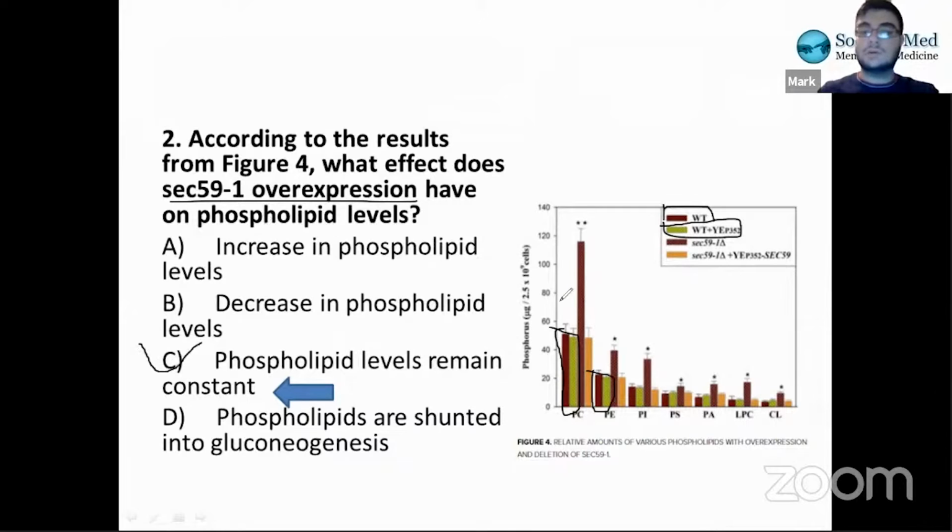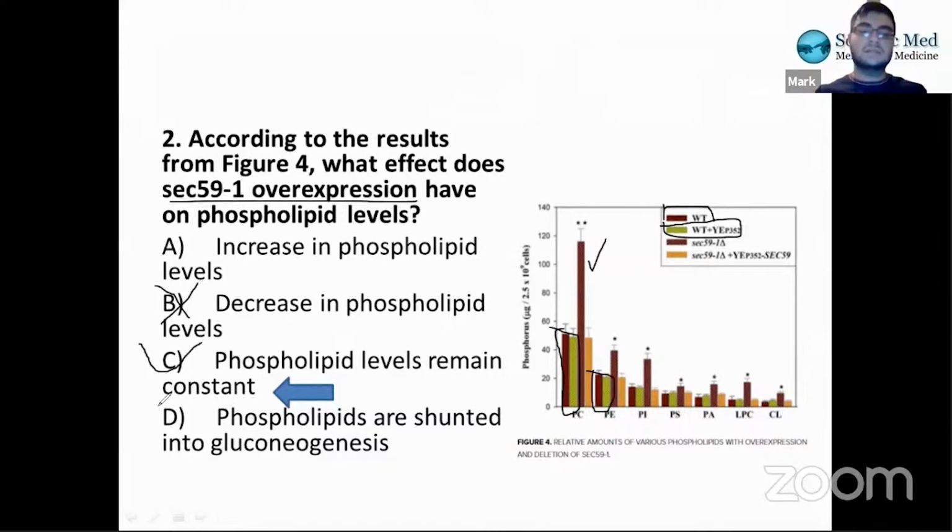They only increase in the case of this deletion mutation, which we covered in the last graph as well. They increase in the deletion, but in the overexpression, they don't decrease. You'd assume if you overexpress it, you would have lower levels of phospholipids. That's not the case, as shown by this graph.